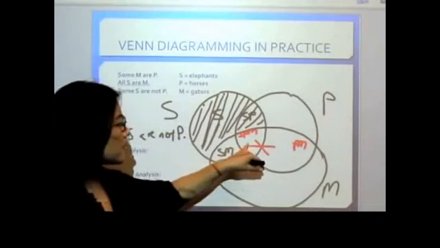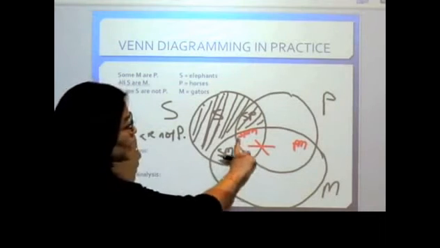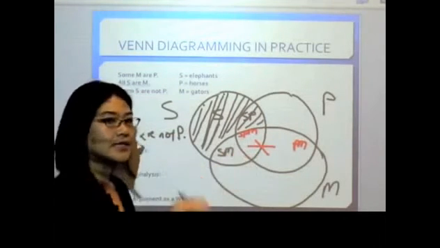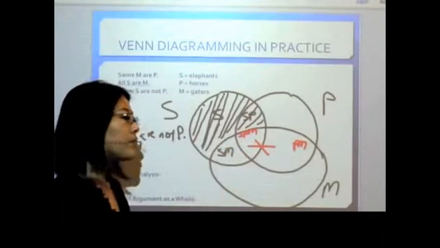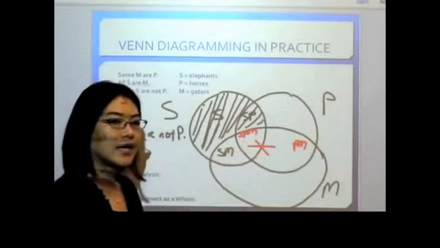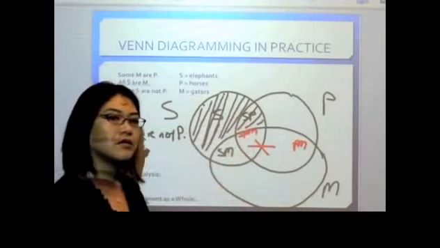Also, there's this area right here that is the area S, P, M, and we don't have an X inside this area as well. However, even if we did have an X inside this area, this argument would still be invalid.